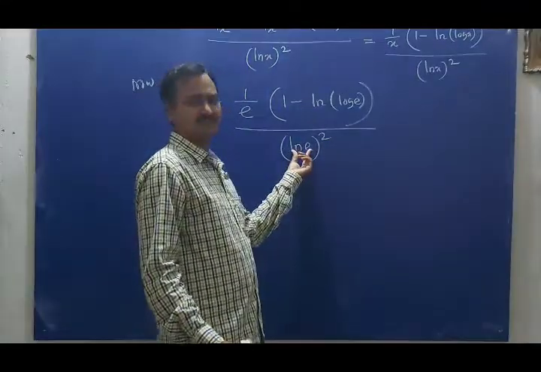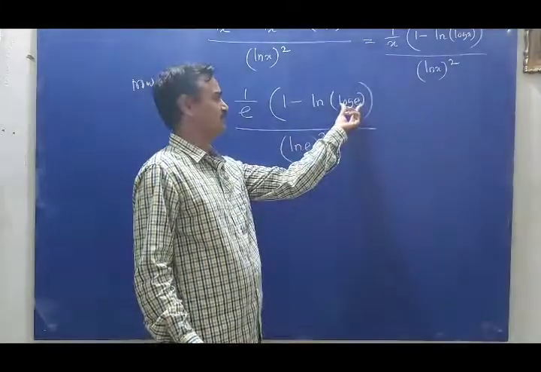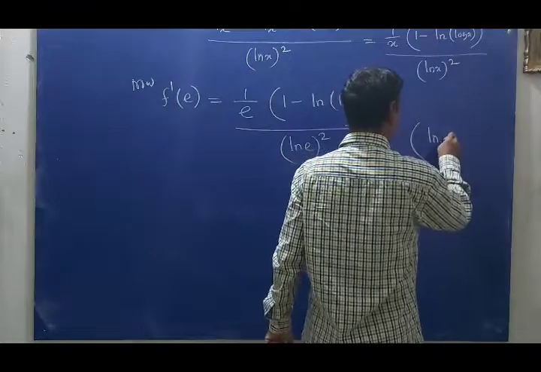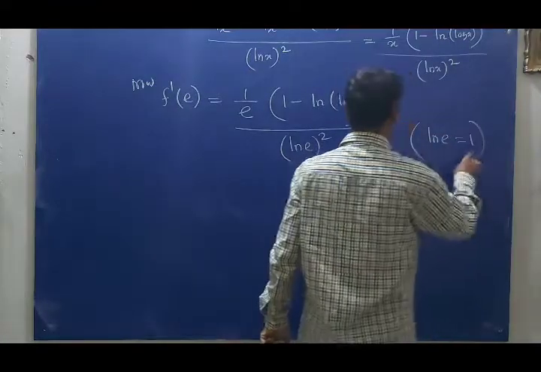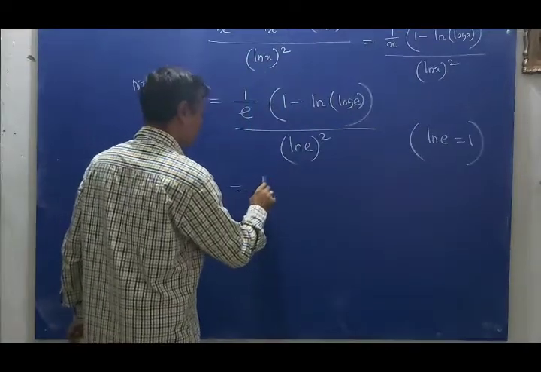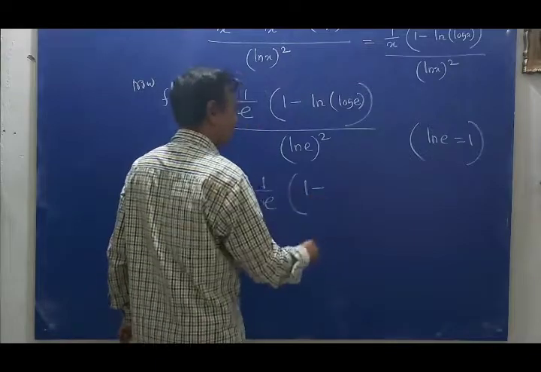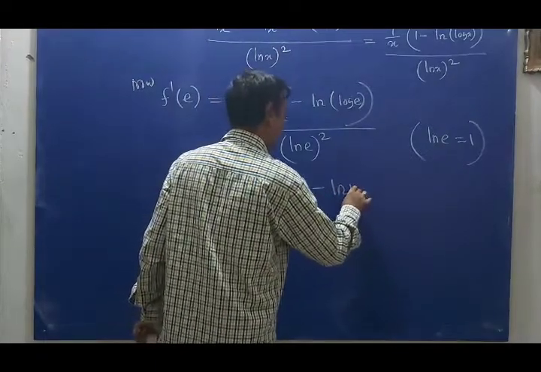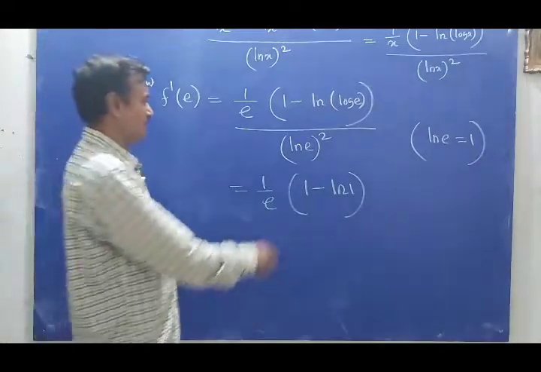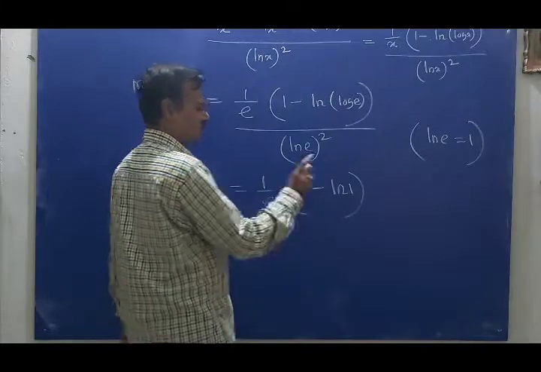Ln of e is always 1. That means log of e means ln of e, and this result is 1. Put 1 here. So we get 1 by e whole into 1 minus ln of 1, and 1 square is 1.